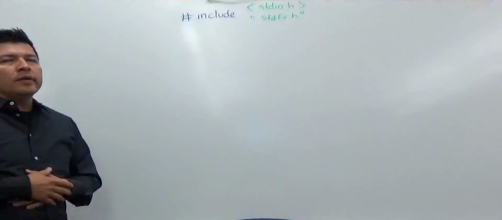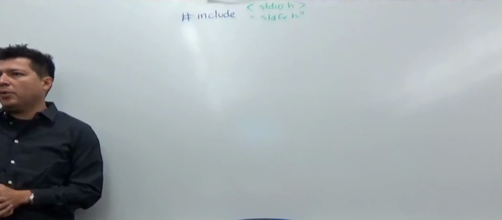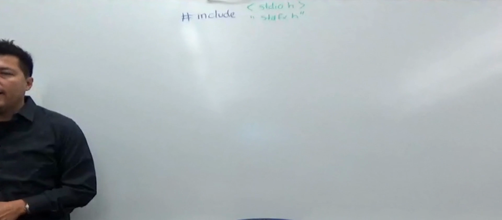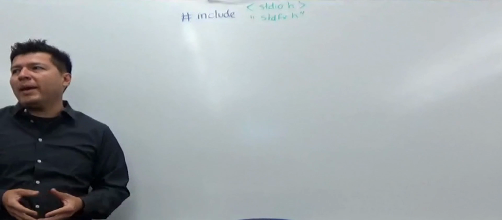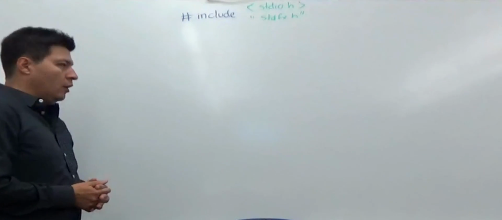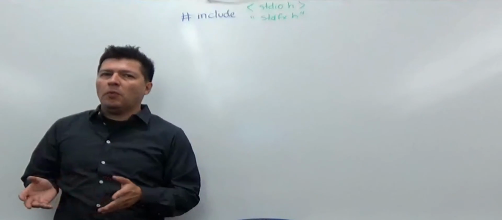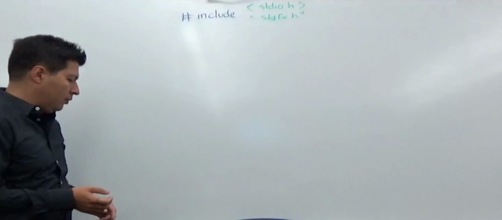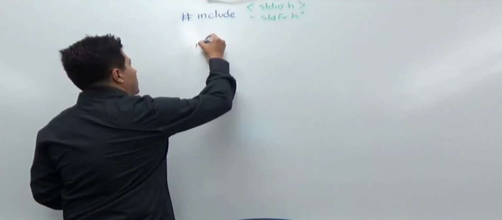Also, we need to have a point of entrance in our program. And the compiler is going to look for a function called the main function. If you use Borland C or just Notepad or Eclipse, you will find it like this.